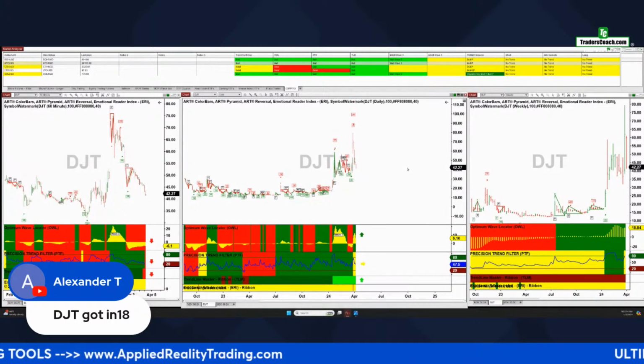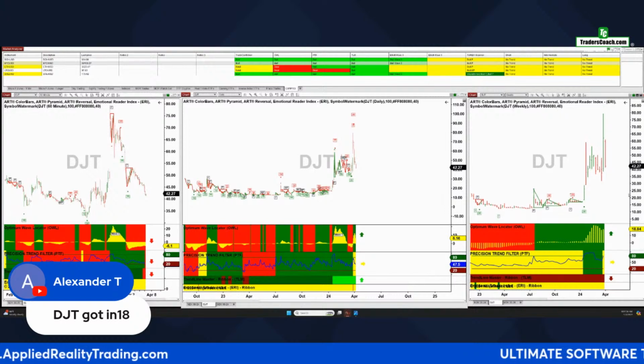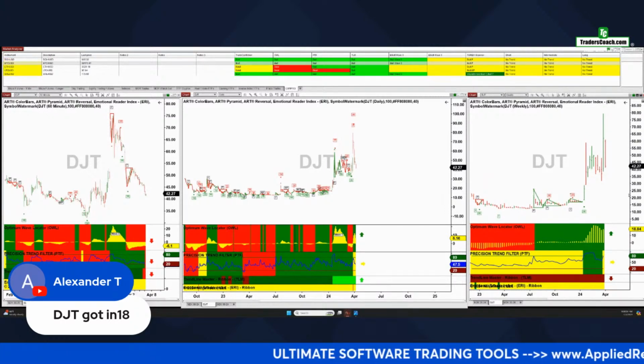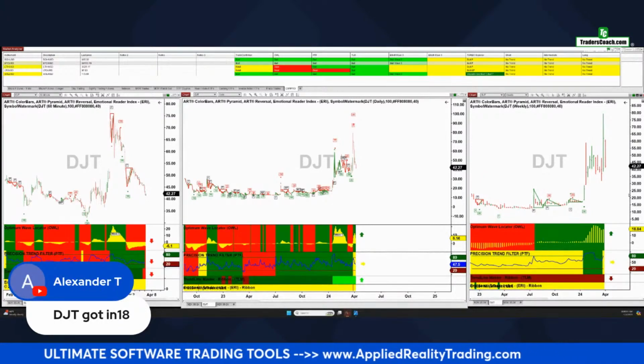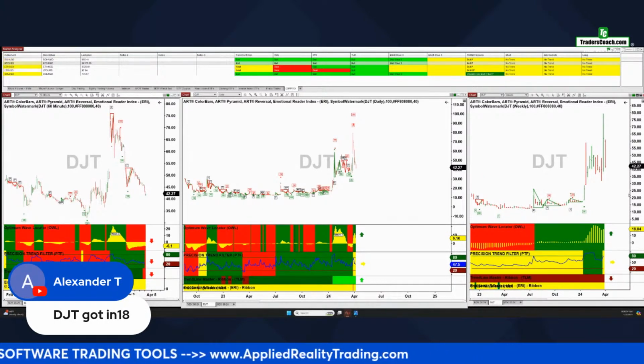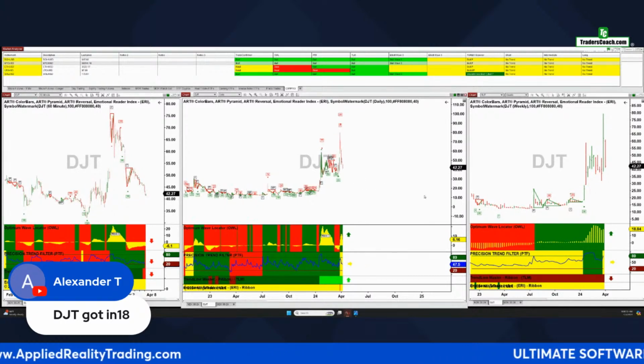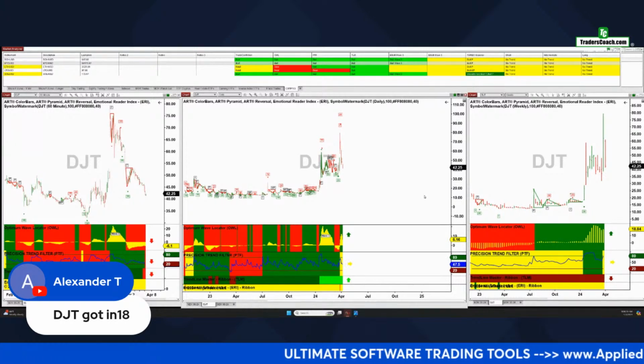Well, I think probably, me personally, if you got in at 18, I would exit. But that's me, okay? Mainly we have bearish divergence. I'm not sure how far down this is going to go. And we got a bearish pyramid on the 60, okay?